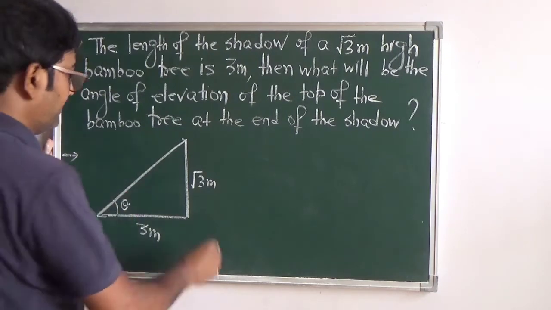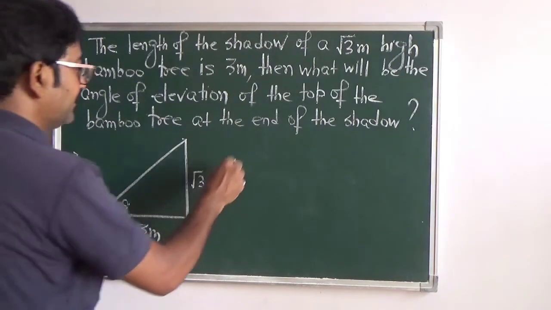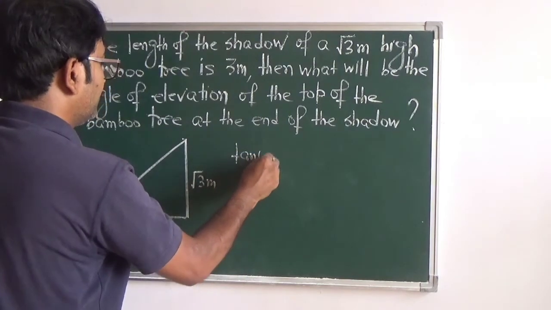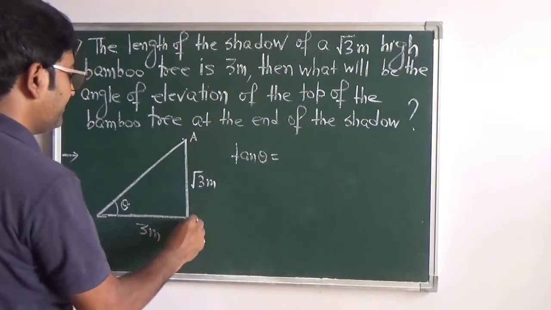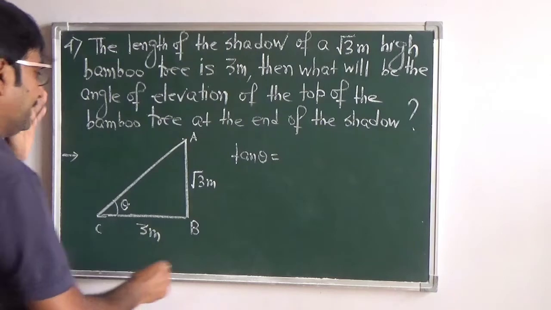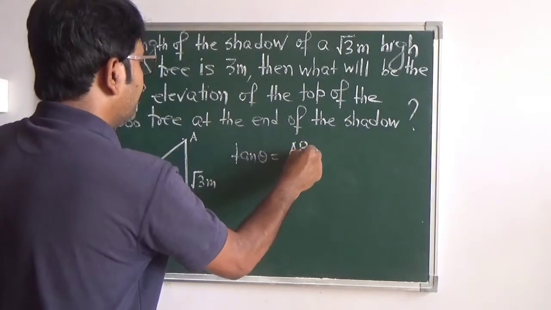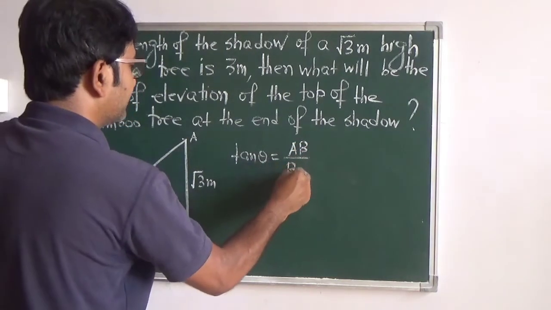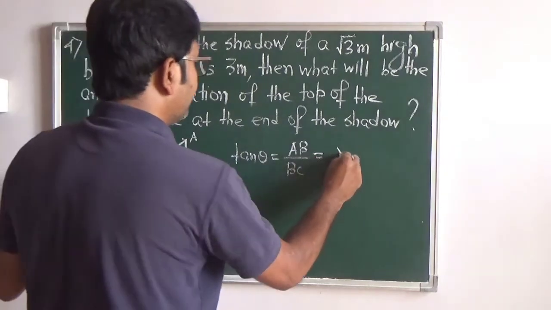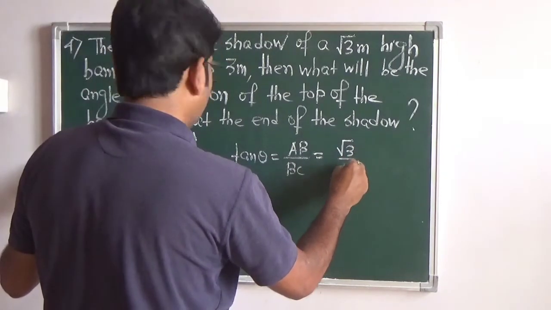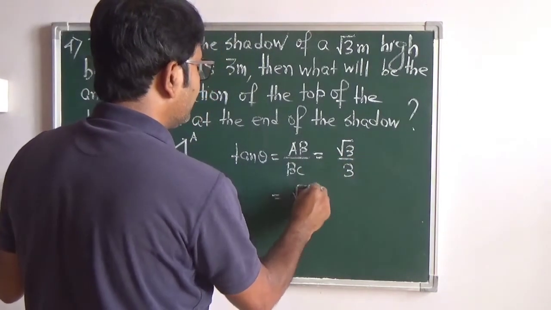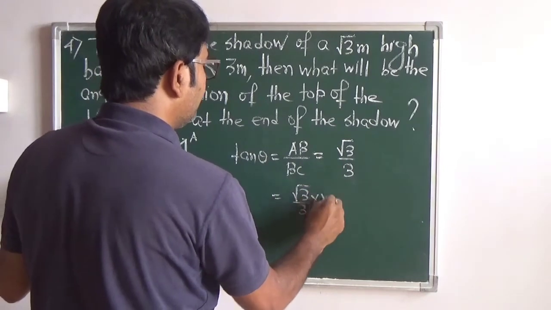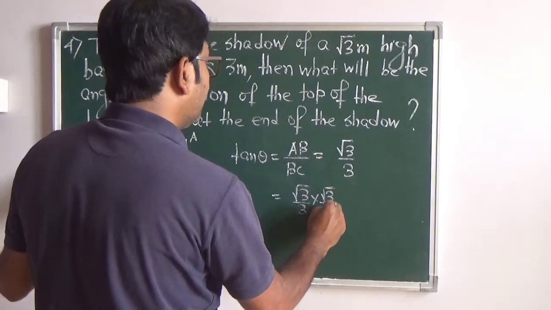Again, this is perpendicular and this is base, so you can write tan theta, name it as ABC. Tan theta is perpendicular, this is AB by BC. So we can write it as root 3 by 3. Again we rationalize it, root 3 by 3 into root 3 by root 3.